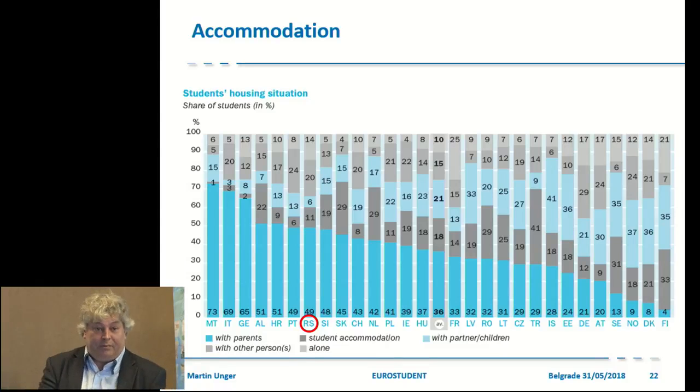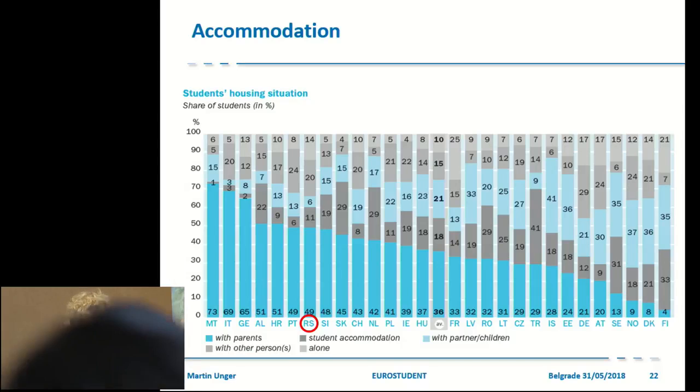France is much bigger, so more people, when they move or go somewhere for studying, are too far away from the parents to be able to live at home. And as we've seen, less with children, because many do not have children. Serbia, 14% living alone outside of the student domain. That's comparatively quite a high share for this very young student population.